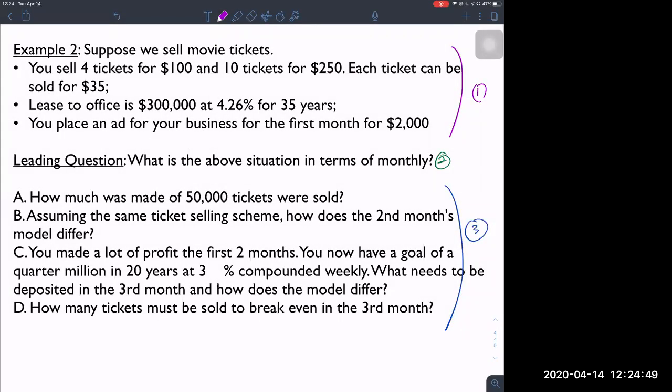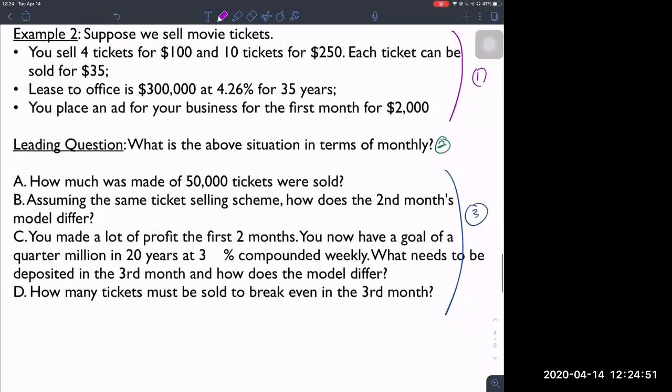So the first bullet here, and don't worry, I'll scroll back up in a moment. Notice that it's cost, revenue, profit, which we haven't done for a while.